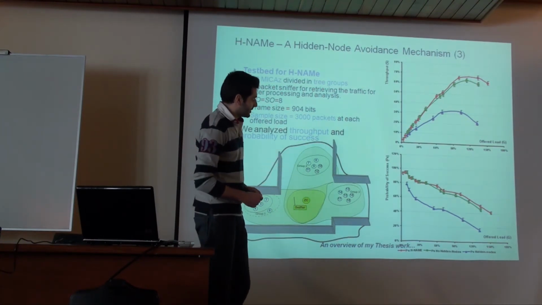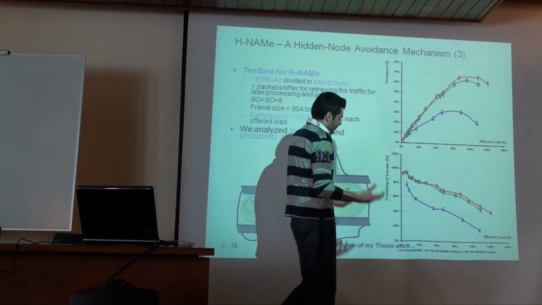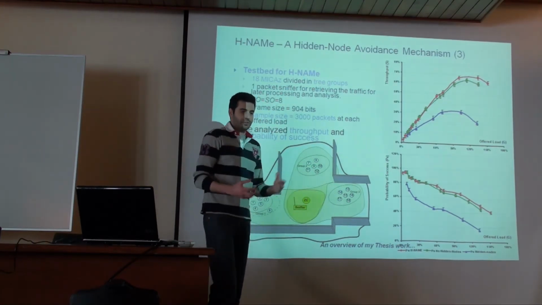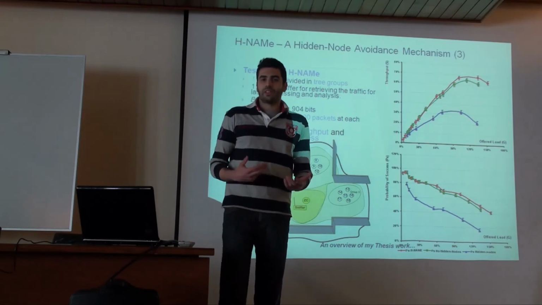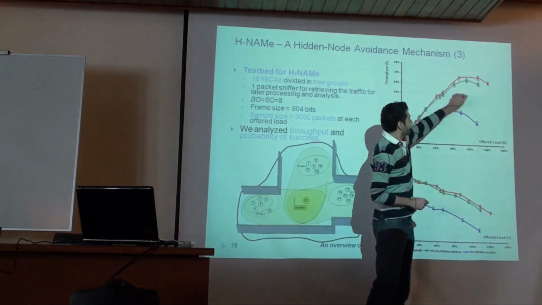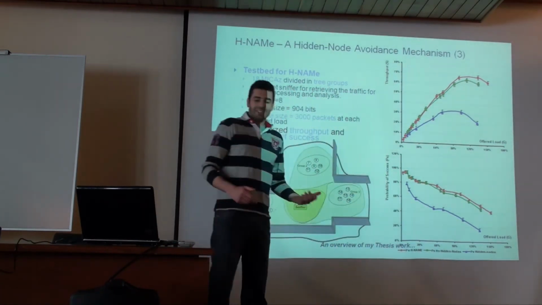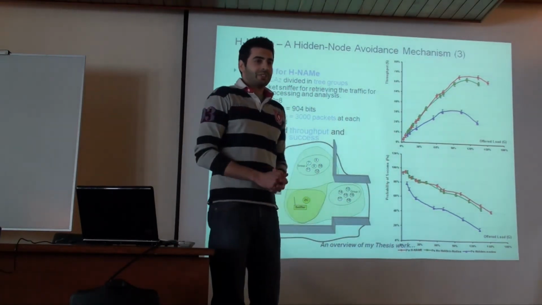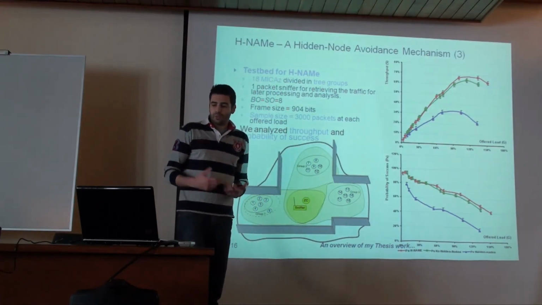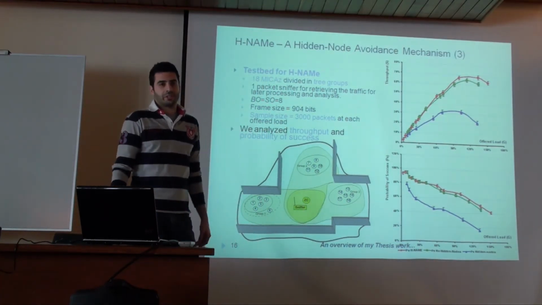Another curious thing is that without hidden nodes, I mean, just picking up all these nodes and putting them in a way they are visible to each other, you get this green line throughput, which is actually lower than using H-NAMe. And this is easily explained by the fact that you don't have so many nodes competing for the medium at the same time.